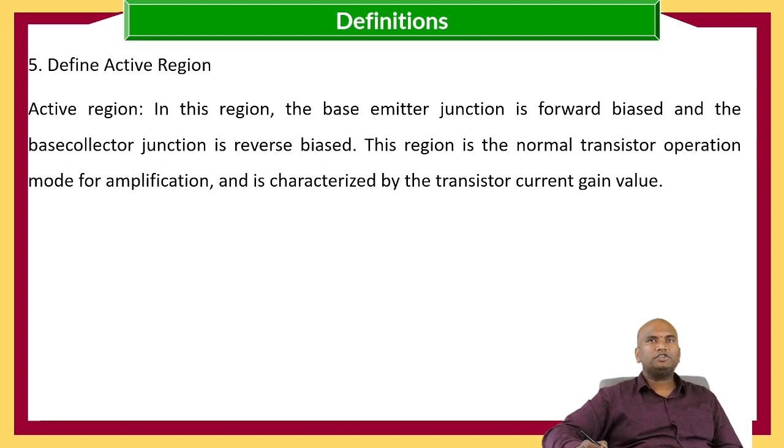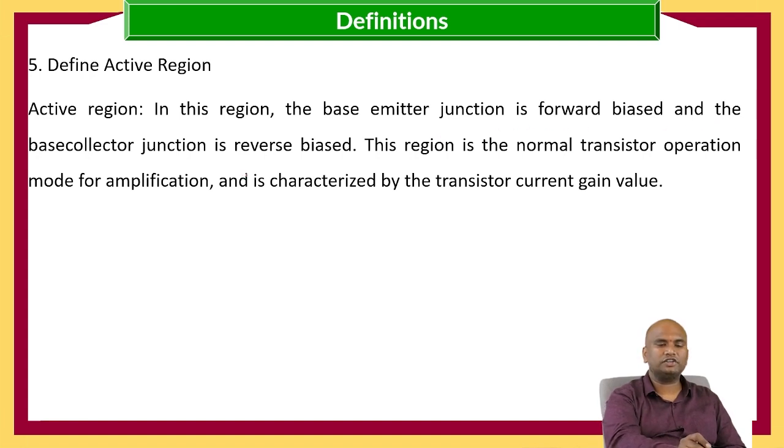Define active region. In this region, the base emitter junction is forward biased and the base to collector junction is reverse biased. This region is the normal transistor operation mode for amplification and is characterized by the transistor current gain value.